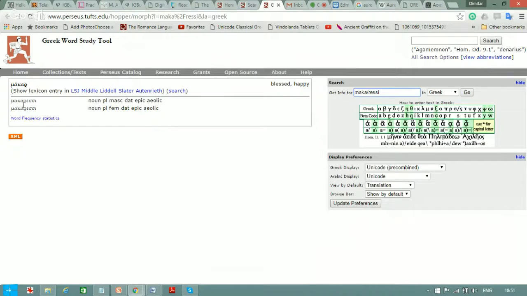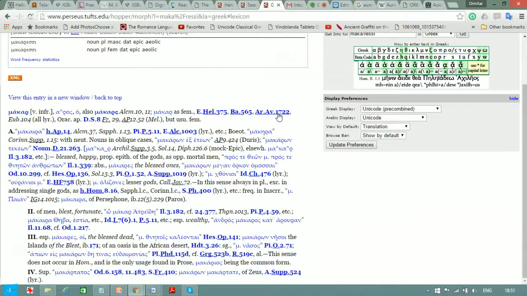So you can see all the word frequency statistics. You can see where it is in the texts, and so on and so forth. After we're finished with that stage of the exercise, I will come to them with a ready-made Bulgarian translation, which I have prepared, and which they will compare to what they have been able to find with my help in the text corpora and the dictionaries.